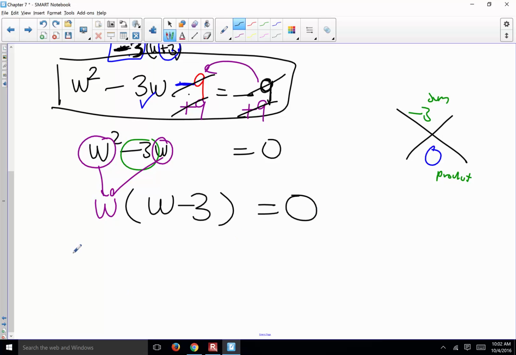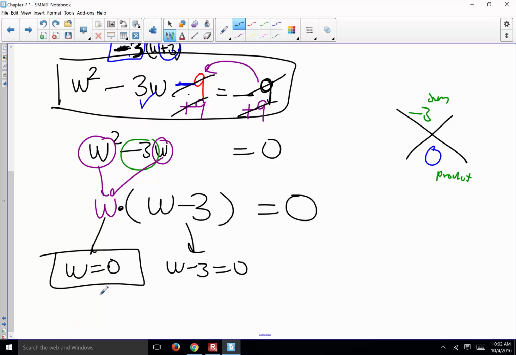Okay? Look what I'm going to do now. Set each into 0. Left and right piece, both must be set to 0. W is either 0 or W is 3.